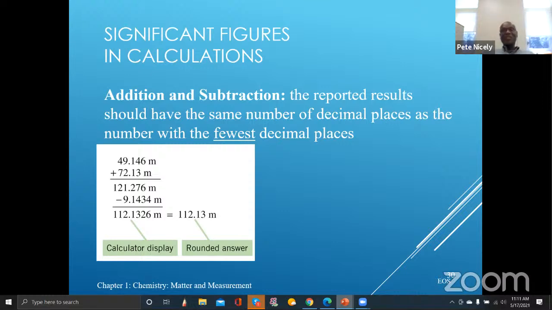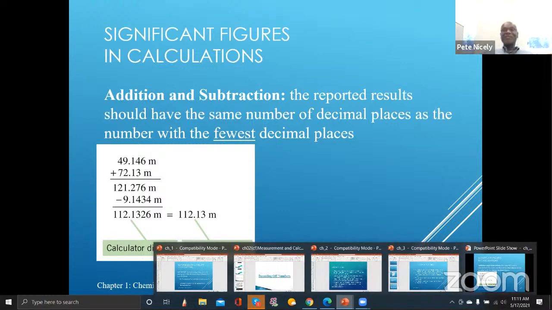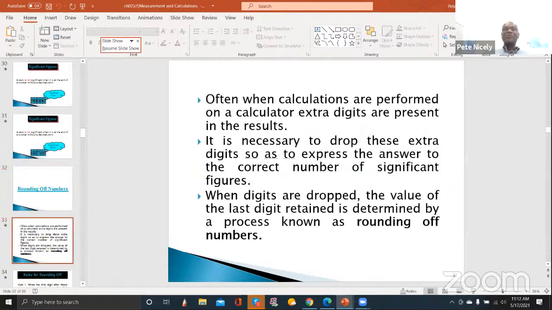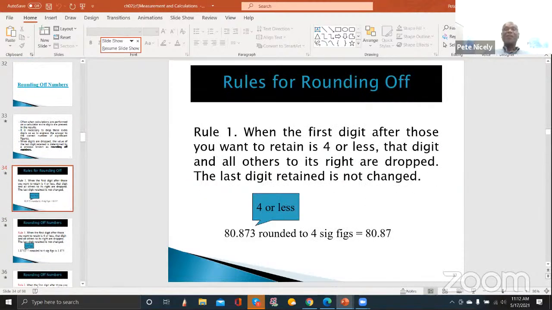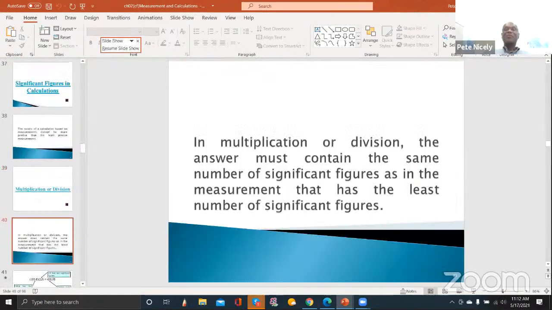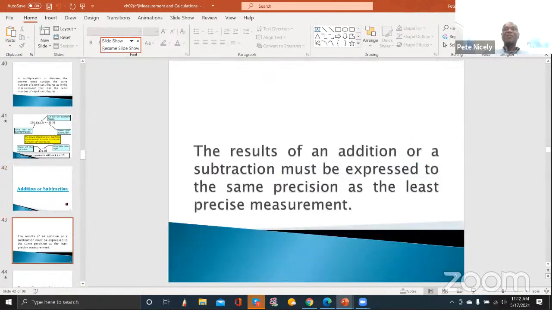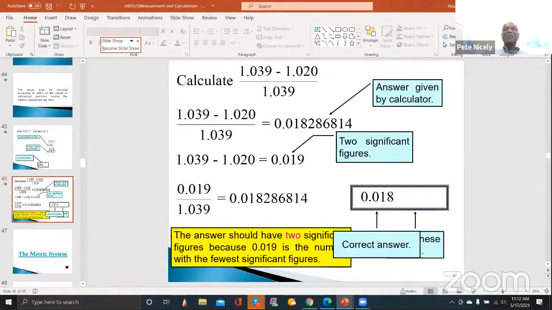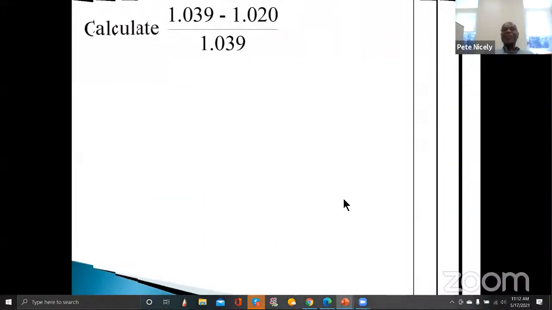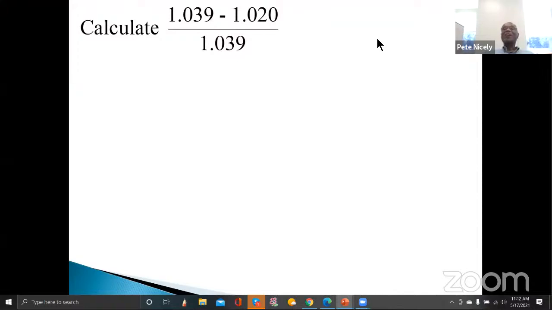Now let me deal with a more complex situation. And for that, I need to go back to this right here. I'm going to skip to this. Okay, so what if you're doing a problem where it involves a combination of mathematical operations?